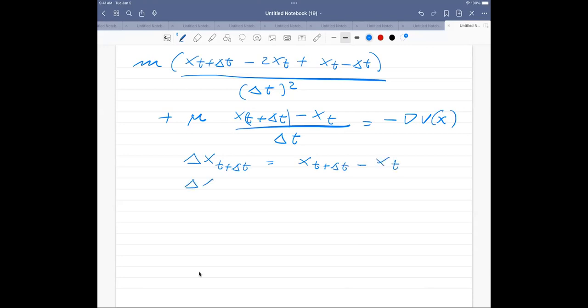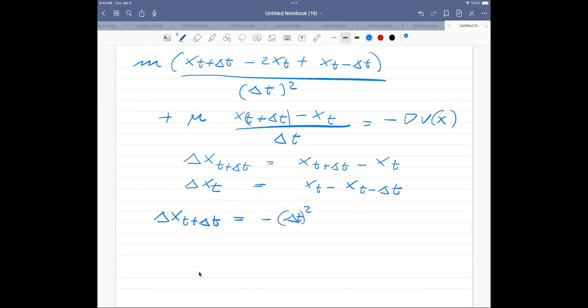And then I have my delta x of t, and that is given by x of t minus x of t minus delta t. Then I can rewrite my equations if I now separate out this term, delta x of t plus delta t here. I can rewrite that one, and I multiply away delta t squared.